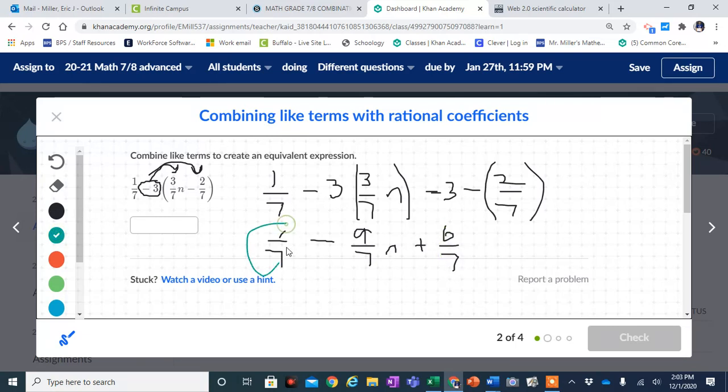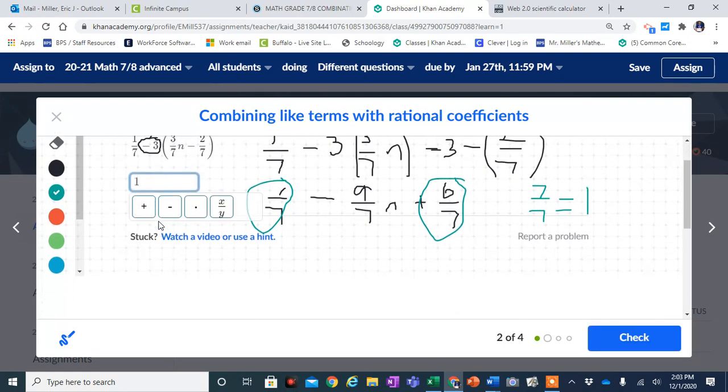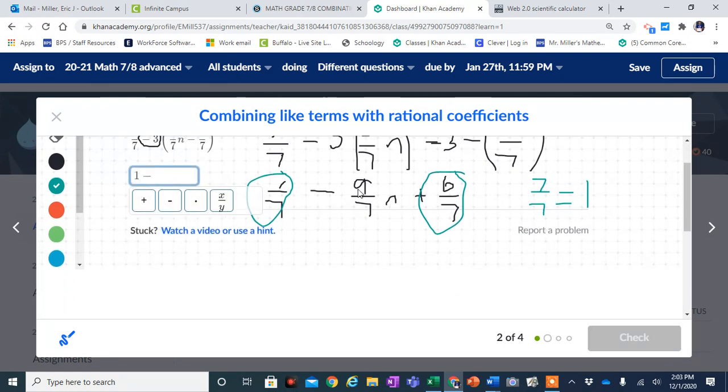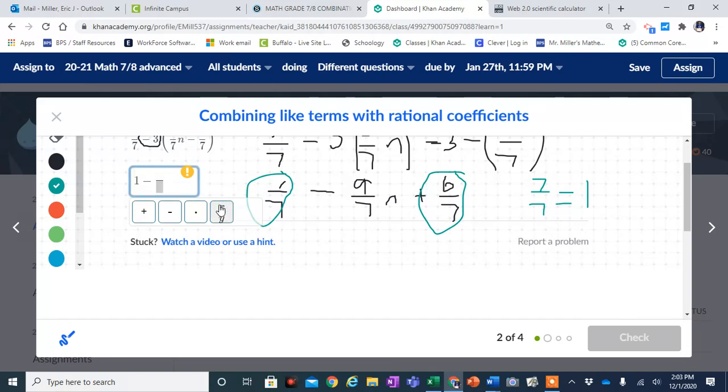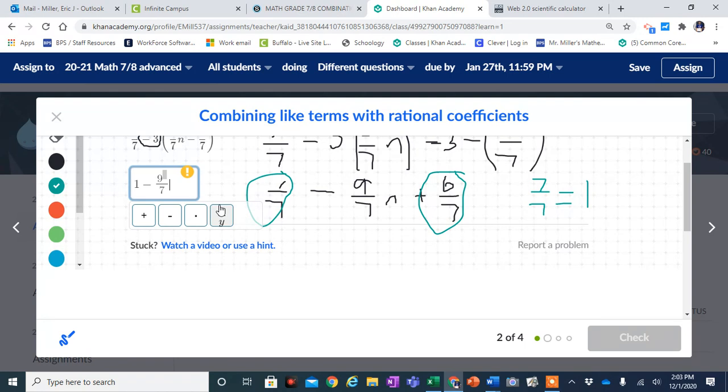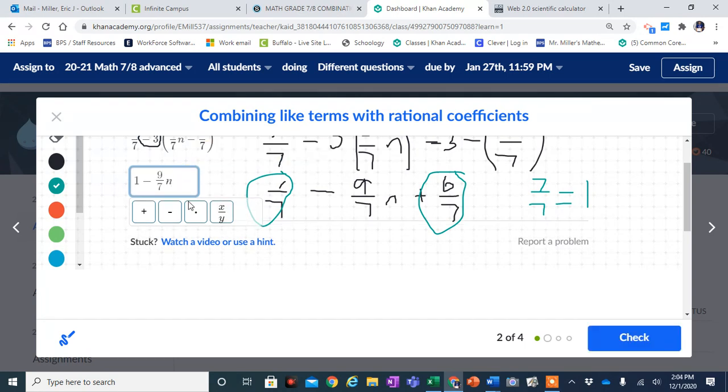And then you can combine your 1/7 with your 6/7 to get 7/7, which is equal to 1. So that means this would be 1 minus 9/7, and then we have the letter n still, because this and this became a 1, and you still have the minus 9/7n.